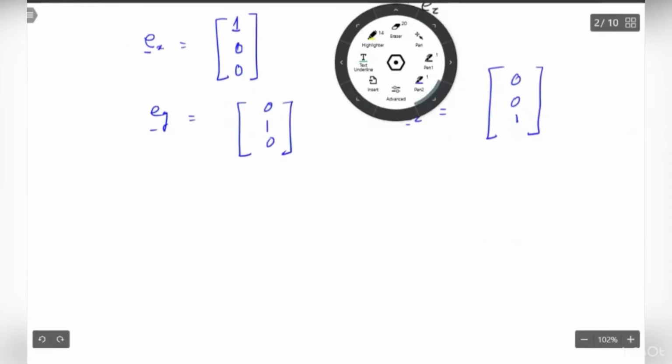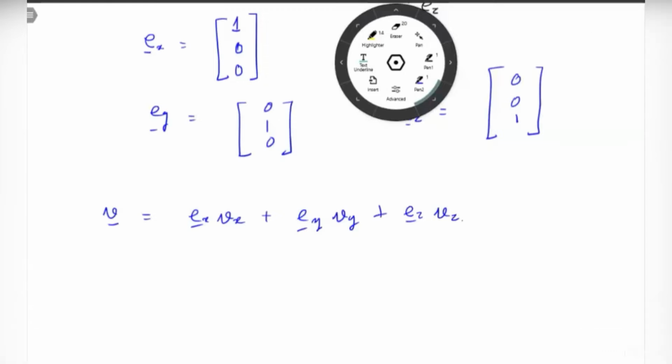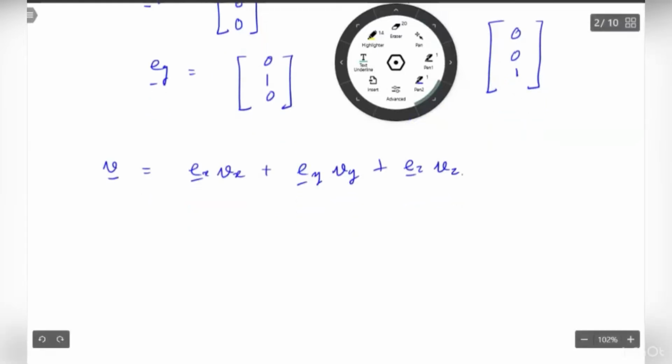Now, v can be written as ex vx plus ey vy plus ez vz, where vx, vy, vz are the three components in the x, y and z directions.